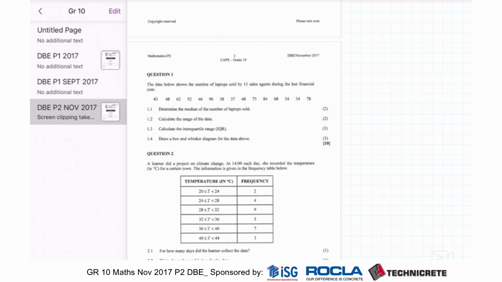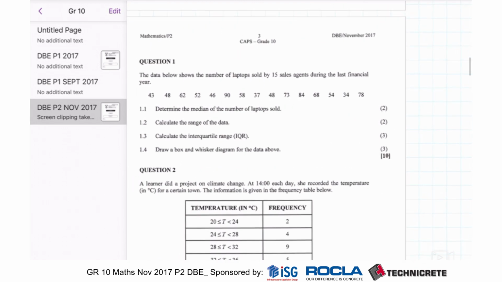So my first term, which is my 30s, let's use different colors. We've got 34, we've got 37. Okay, those are only the 30s.